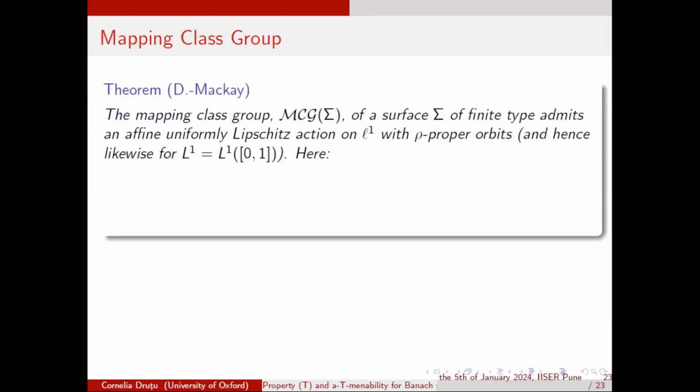And the last case that we could tackle is the case of the mapping class group of a surface. In this case as well we could produce an action that is affine uniformly Lipschitz, again on L1. And here we were not able to show that the orbits are undistorted.